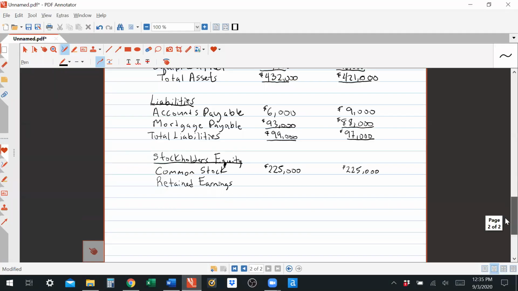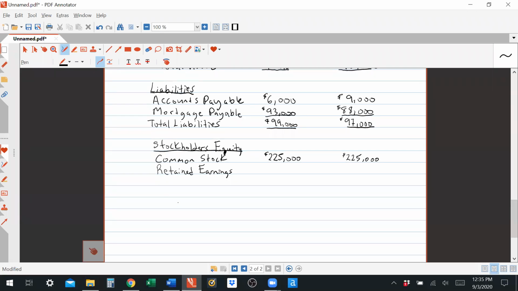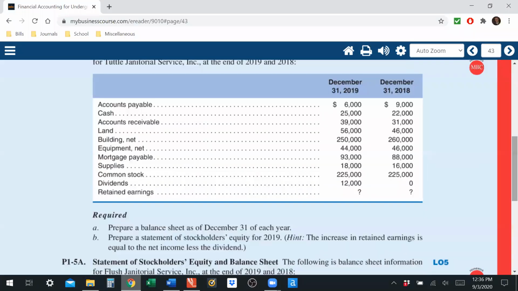So we know this retained earnings equation. Retained earnings at the beginning of the year plus net income during the year, which we don't know, minus dividends during the year, which we do know for 2019, equals retained earnings at the end of the year. So retained earnings at the beginning of 2019 is this number.